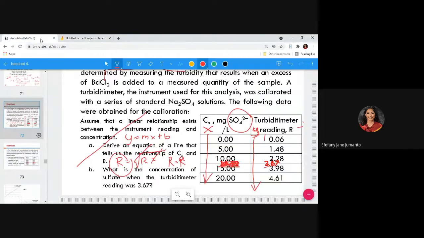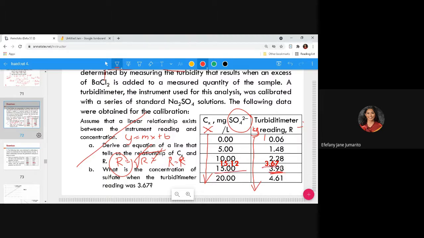Now, suppose that we don't know the correct answer. Okay, so that's it. 15.12. Okay, dili po siya perfect, no? So we know that here, as we are going to compare 3.98 imong calibration, then you will have 15.